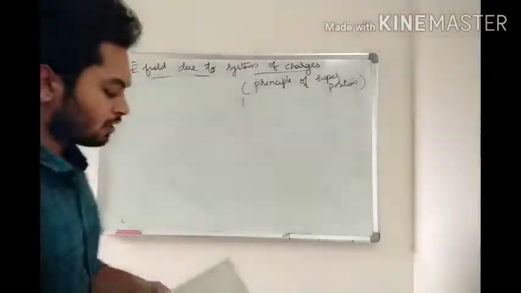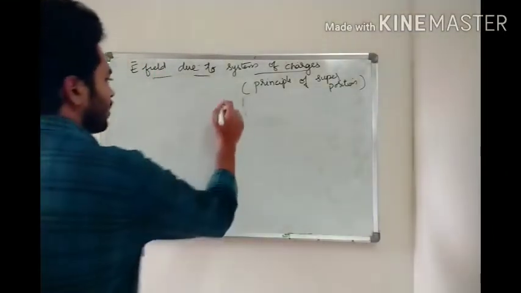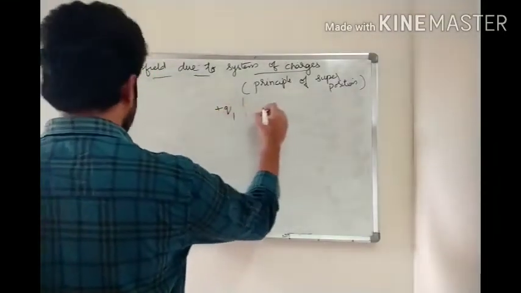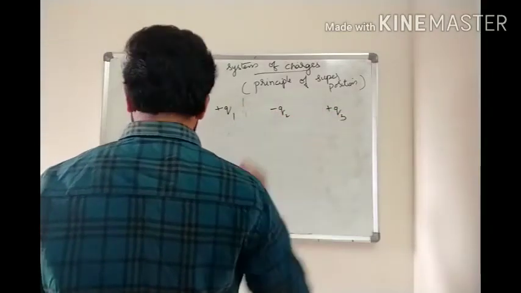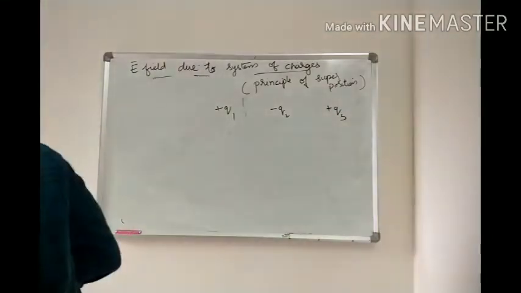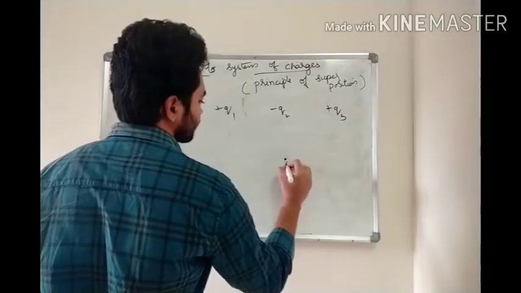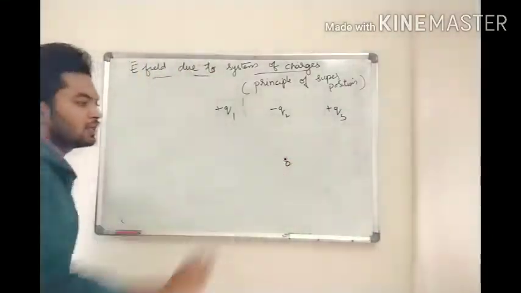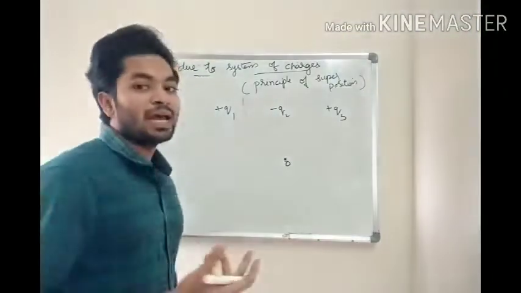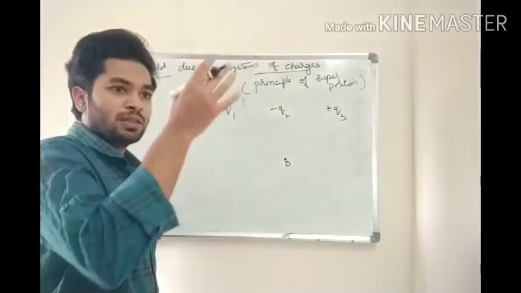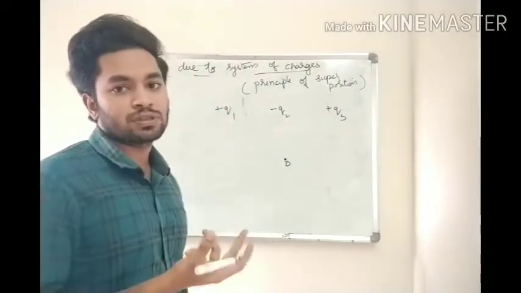So suppose I have positive Q1, negative Q2 and positive Q3. I have a point O, some test charge at position O. Now what is the electric field? In lecture 3 we have seen the Coulomb force.